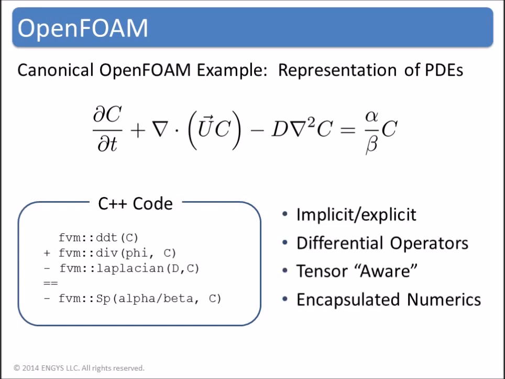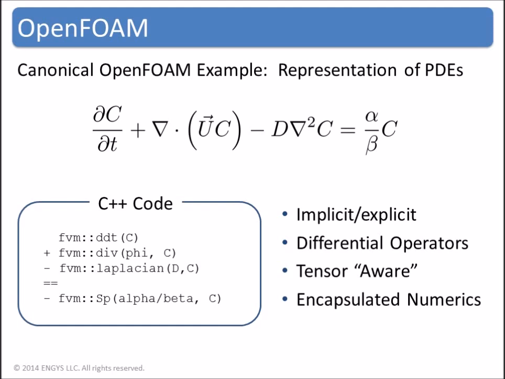And within this, there's inherently implicit and explicit terms. There's differential operators. The code is tensor aware, so it knows that I'm transporting a scalar rather than transporting velocity or momentum or Reynolds stress. The code is aware of these different representations, these different fields.